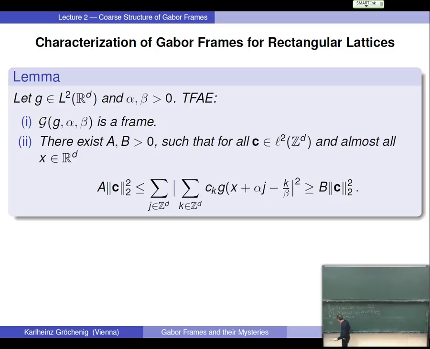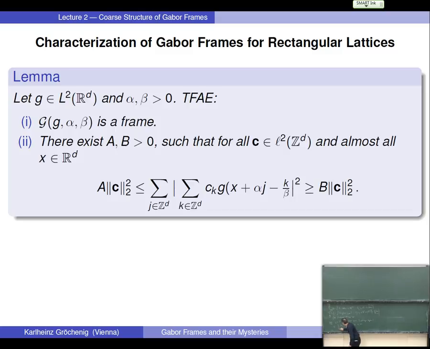Well, I will say very little, although one could talk much longer about this. So I say that G is in M1, the modulation space M1, and I think nowadays we always call it the Feichtinger algebra, if the following integral in the product of G with all time frequency shifts of G is absolutely integrable.